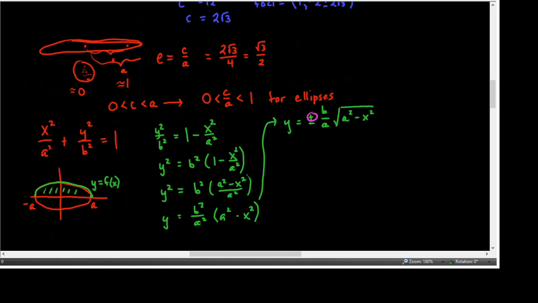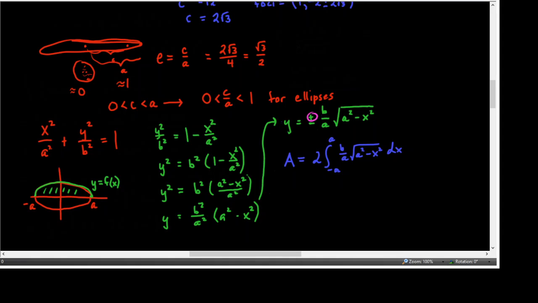So let's see if we can write our integral. The area of the entire ellipse is going to be 2 times the integral of b over a times the square root of a squared minus x squared dx from negative a to positive a.